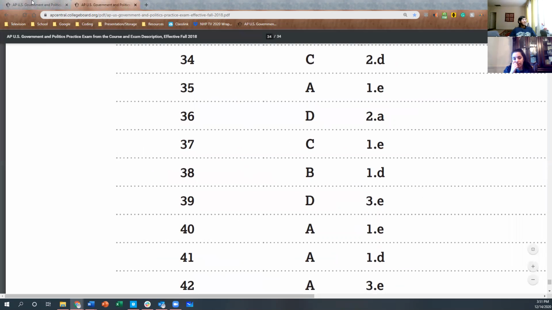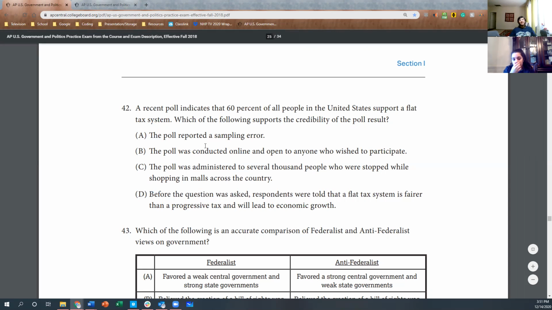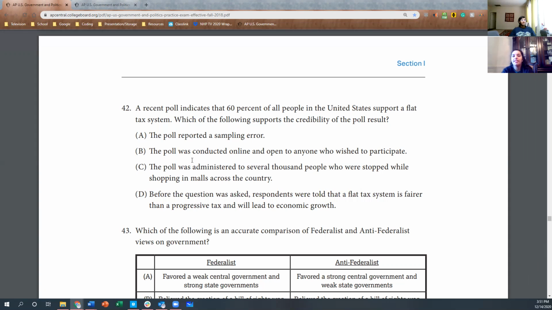No, it's A. It's A. Okay, that makes sense. Like if you report a sampling error. Because I guess you could say with online that it's more unreliable. I don't know. I think I know the problem. The problem with this one is it's not random. It's only people who wish to participate. So the most reliable polls, I'm pretty sure, are the ones where they have to be neutrally worded.